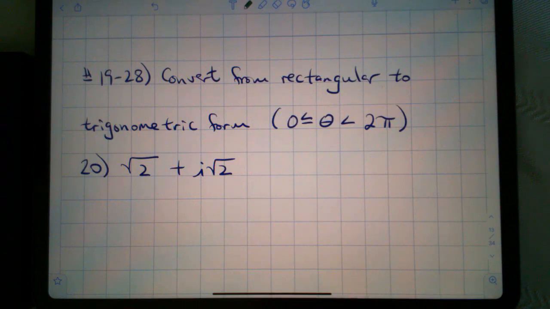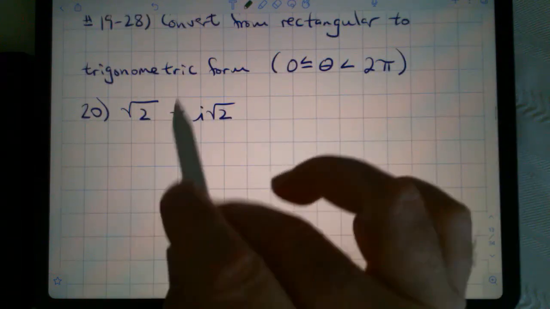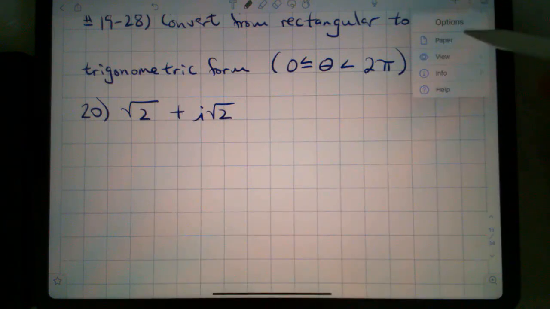Hello. So here I'm going to convert from rectangular to trigonometric form. One way to do this is to look and see what does this mean in rectangular form.